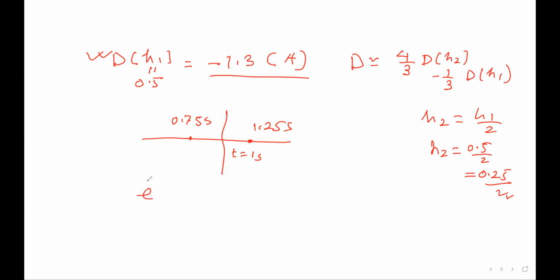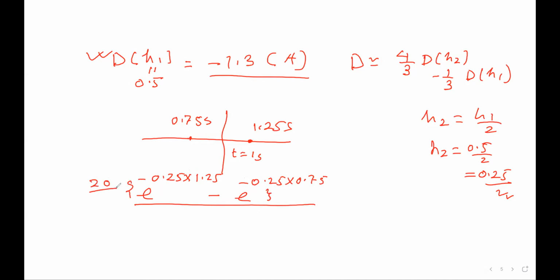e to the power minus 0.25 into 1.25 minus e to the power minus 0.25 into 0.75, divided by, some factor is also there, isn't it? Yes, sir. This factor 20 by 3. 20 by 3, okay?